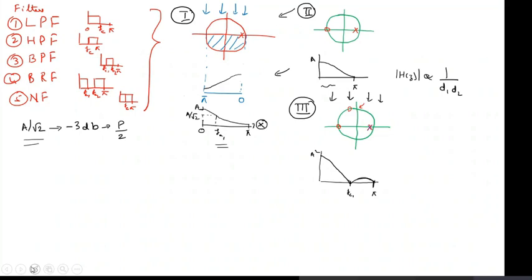Say for example, if I have a case, I place a pole over here. Okay, so the amplitude will be somewhat maintained. Let me take the example.